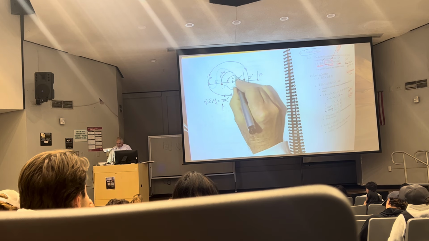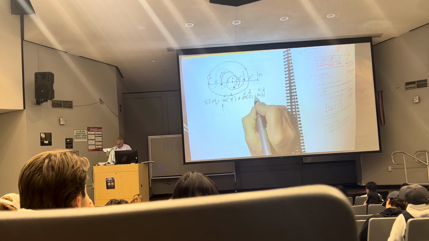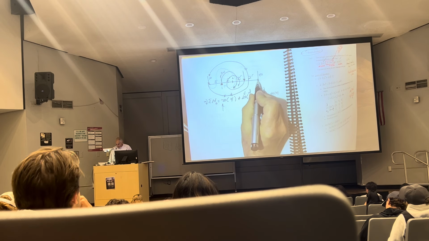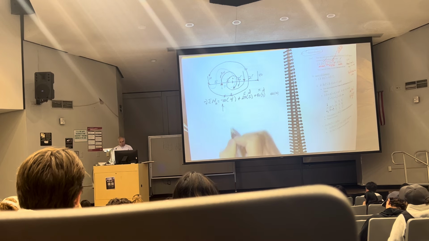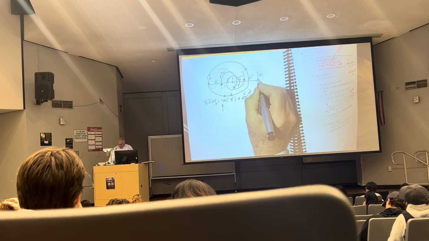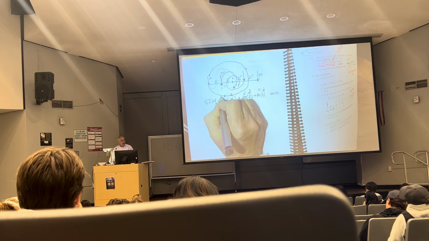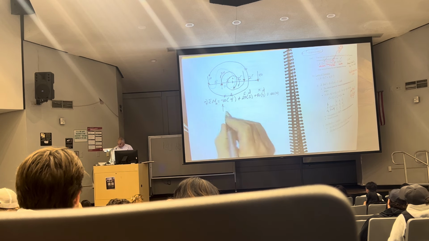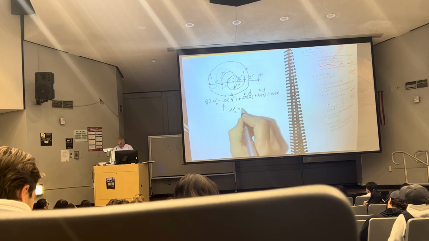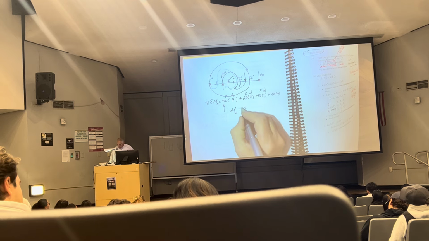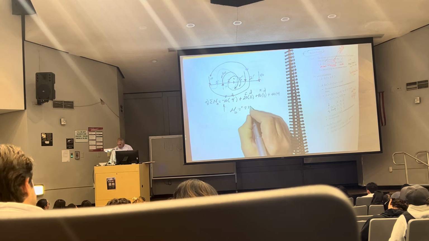What do you got? Clockwise, positive. 40 times 4, its distance from here to here is 2 plus 2, 4. And if I take my arrow and go around, what do I get? Clockwise.